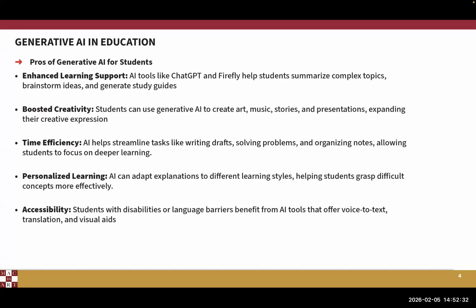But if you accept that and it's your friend, it's almost another art director helping you create the files that you have, you are going to be able to achieve more stuff and enhance your learning support, boost your creativity, do stuff faster, personalize your image so the AI is going to get used to your style. And then also, if you need accessibility, you're going to be able to do it a little more.